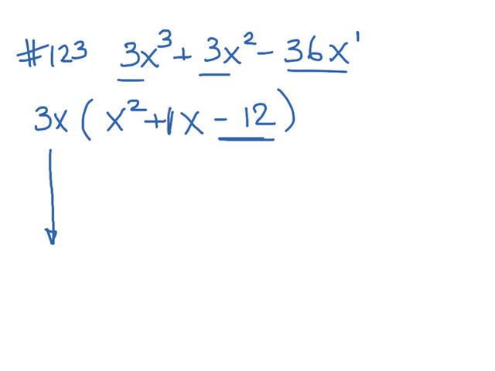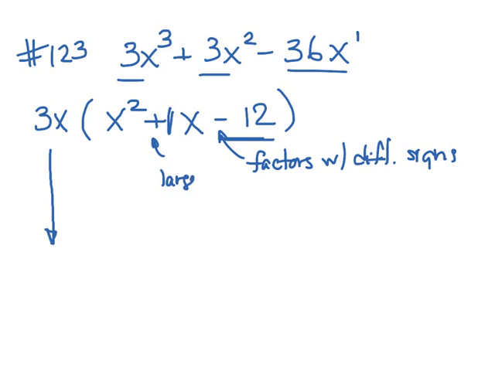There's a 1 there. And because this sign is negative, I know my factors will be different, right? Factors with different signs. And I know that this is positive, so my larger is positive.